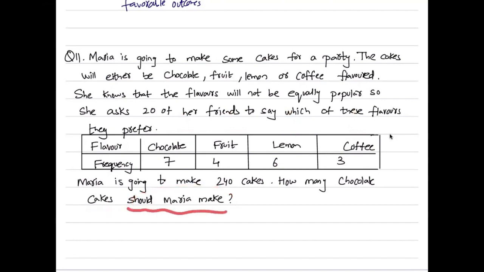Should Maria make means she hasn't started making it. She's thinking to herself, based on this data, how much chocolate cake should I bake? So these are the total number of trials, and you need to find the expected number of chocolate cakes she should bake based on the data she has now.